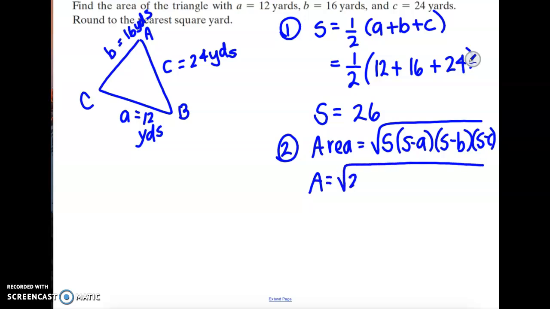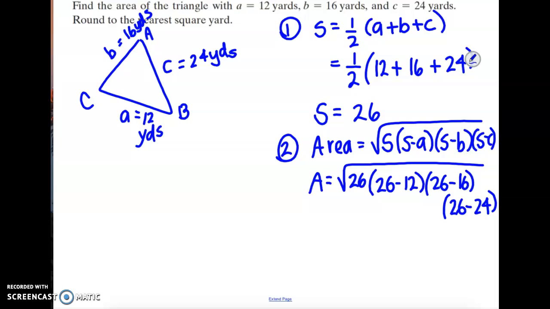So 26, parentheses, 26 minus 12, parentheses, 26 minus 16, parentheses, run out of room here, so then 26 minus 24.